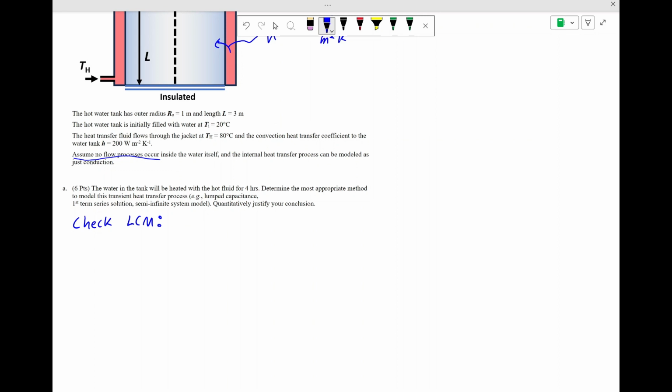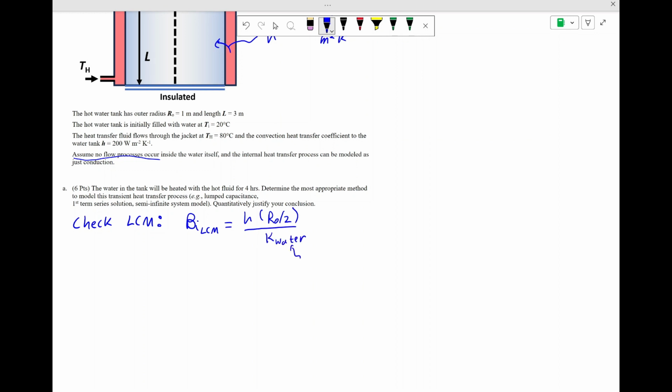So our Biot number for the lumped capacitance method that we would use to check is defined as h times the length scale. For this geometry, that's going to be the outer radius over 2, since it's a cylinder, over the thermal conductivity of the water.